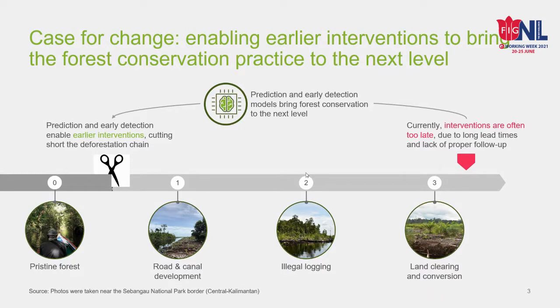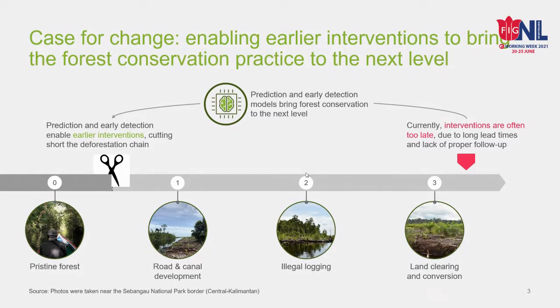And the illegal logging really takes the valuable wood out. And after that is done, we go to step 3, and that's land clearing and conversion, where large forests are being cleared, and that's actually where traditional monitoring comes in. That's where it's seen by traditional monitoring systems that there has been deforestation. But this is actually when the damage is already done.